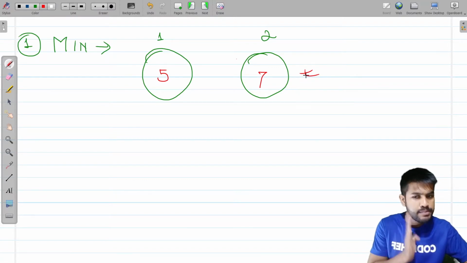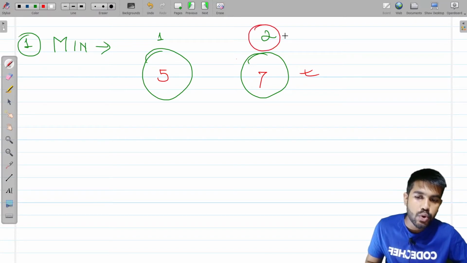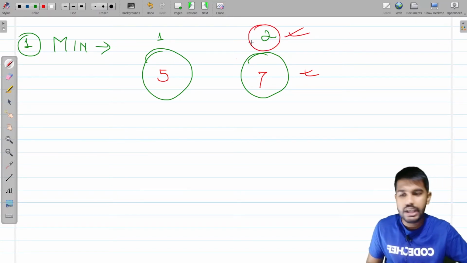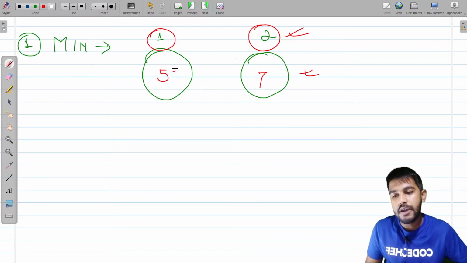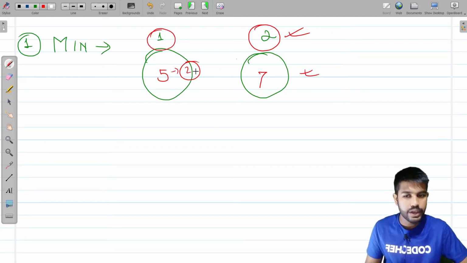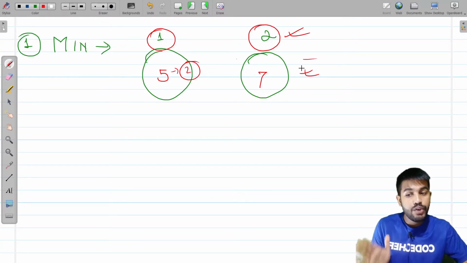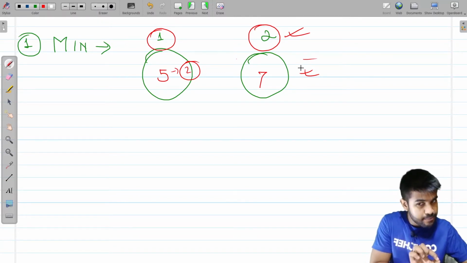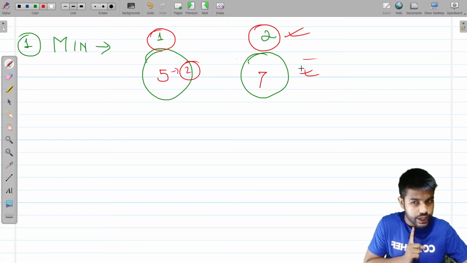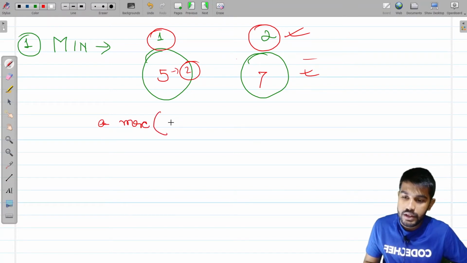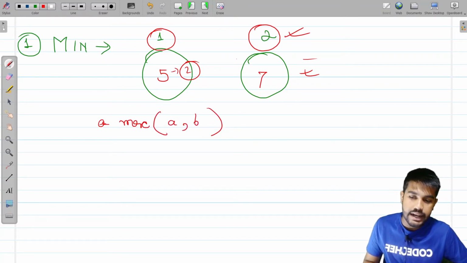So for the minimum number of times, we can consider that guard 2 didn't sleep, and guard 1 slept, that's why he missed 2. Guard 2 didn't sleep, so we would take the maximum of both. The minimum is the maximum of guard 1 and guard 2.